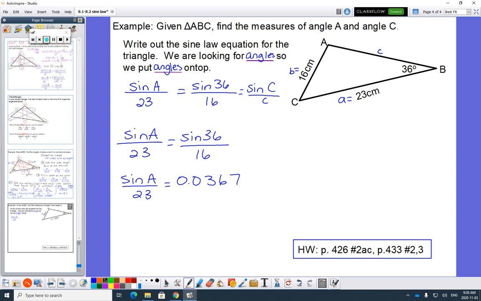If it makes more sense to you, change sine 36 first and then do the dividing. If that makes more sense to you, then show more work so that you don't make annoying mistakes. So 23 is in the bottom. We're going to multiply.